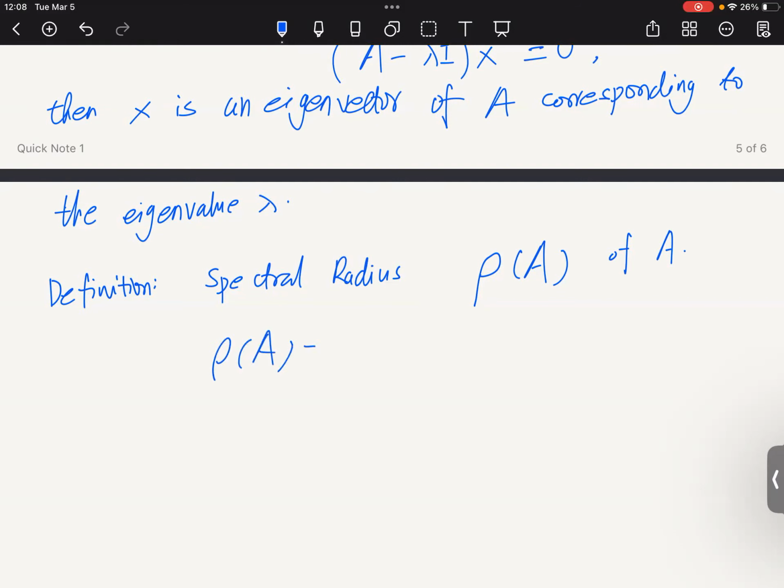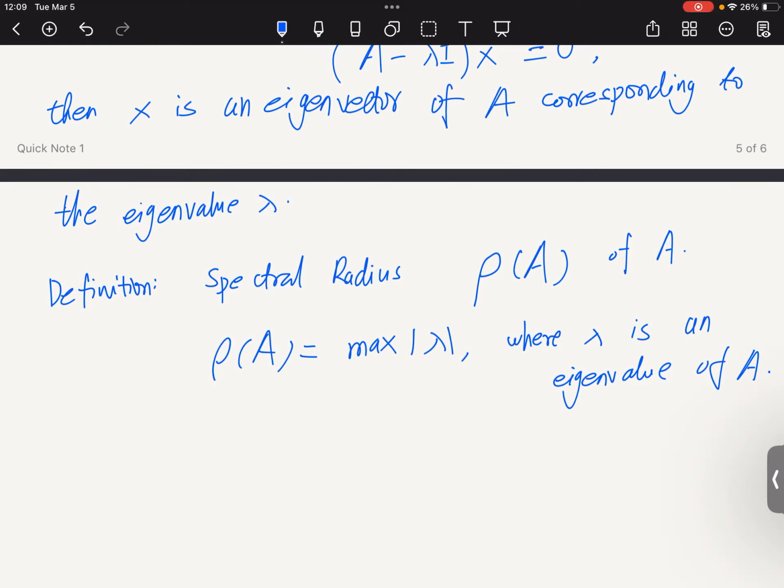Rho(A) is just the maximum of the absolute values of the eigenvalues, where lambda is an eigenvalue of A. So we take the maximum over all the eigenvalues of A. If A is an n by n matrix, you will have n eigenvalues, so you are actually taking the maximum among n values.